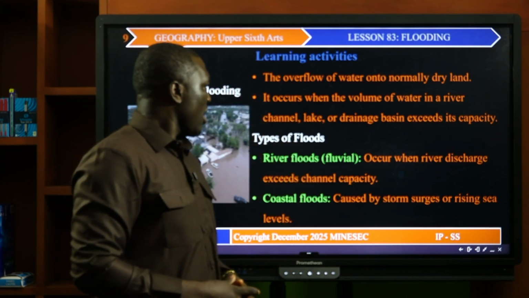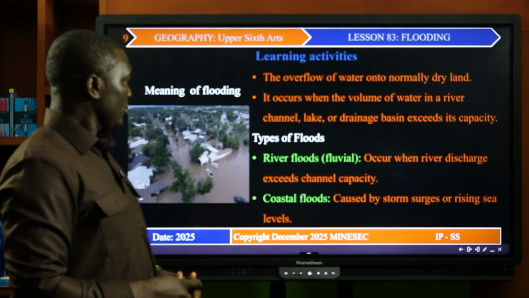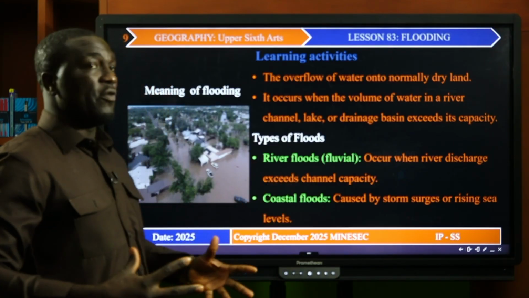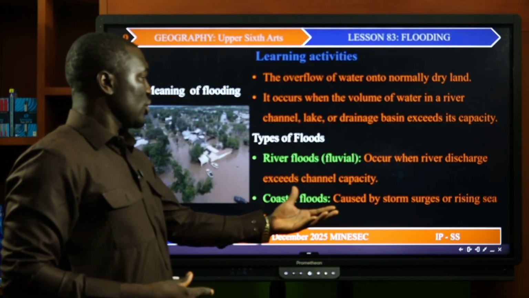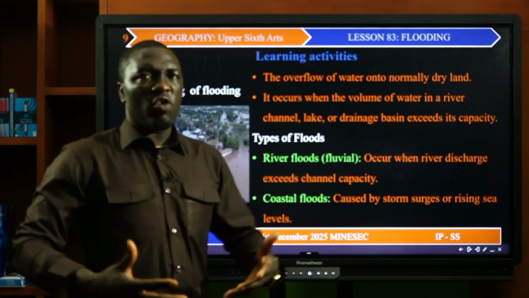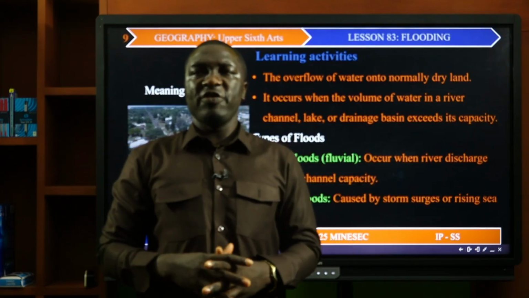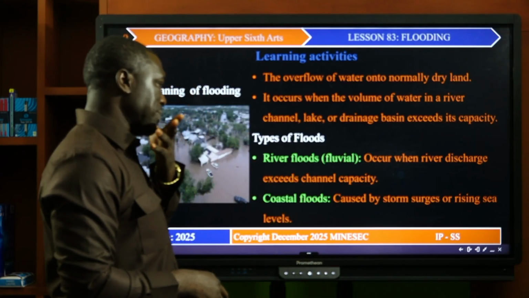Floods here are of types. We have river floods, that's fluvial, and then we have coastal floods. That phenomenon where water overrides its banks and flows to the surface is known as river floods, called fluvial.